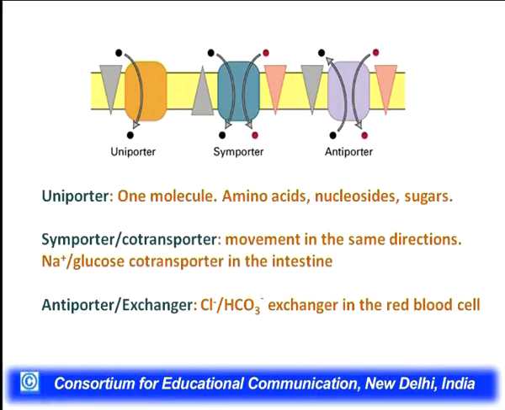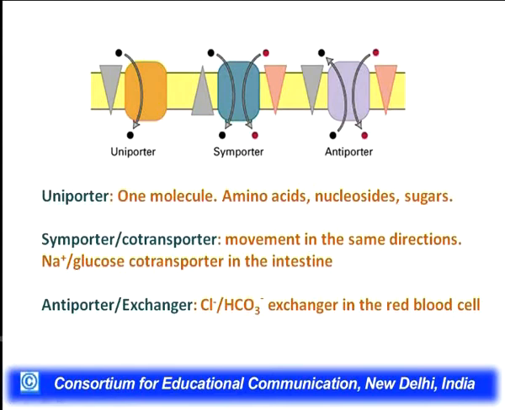Co-transport mechanism can be of two types. One term used is the uniporter. A uniporter is when only one molecule is transported. So amino acids, nucleosides, sugars just transport across the plasma membrane as single molecules. But sometimes two molecules are transported through the same transporter protein. These two molecules can be transported in the same direction, inside or outside. That is termed a symporter or co-transporter, the movement in the same direction.